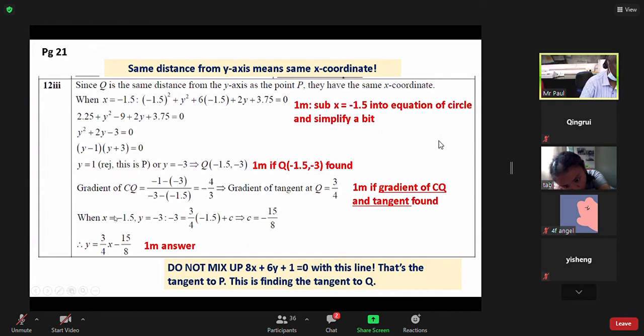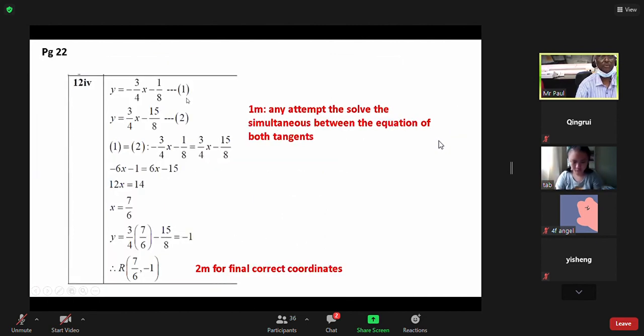Okay, the last part. Finally, we come to the end. Now, the two tangents intersect at R. I think a few of you in my group went all over again to find the equation of this tangent. This tangent was already given to you, right?